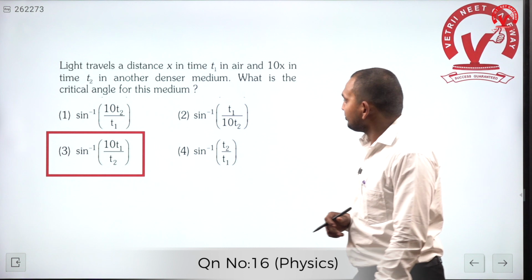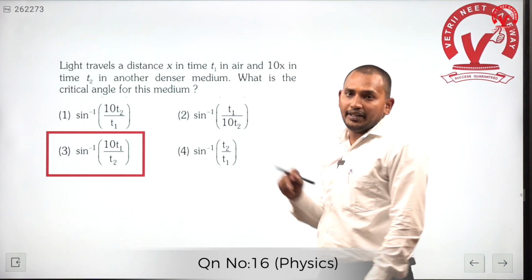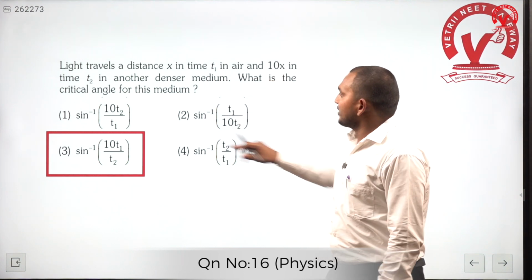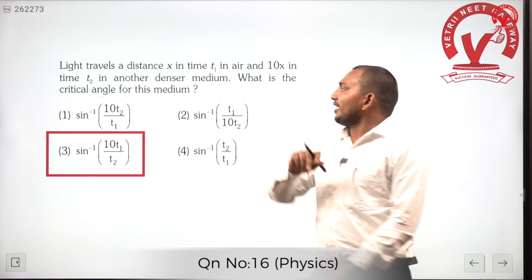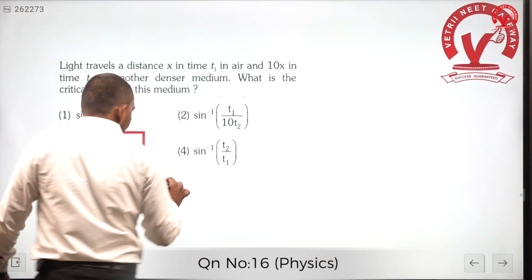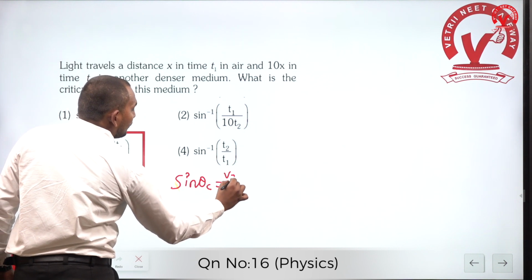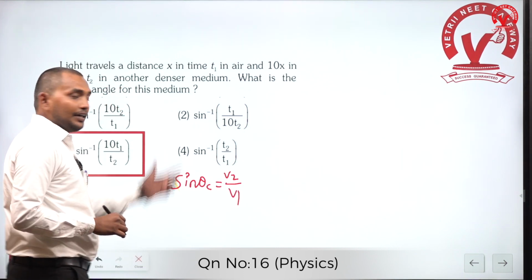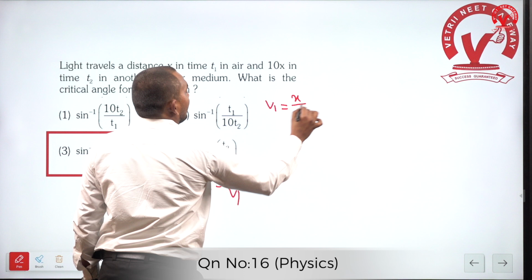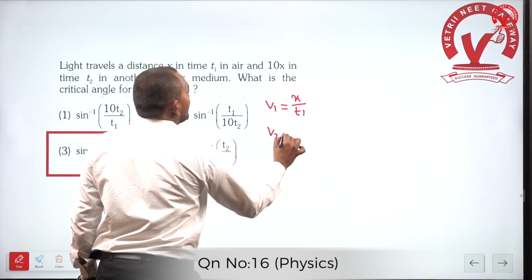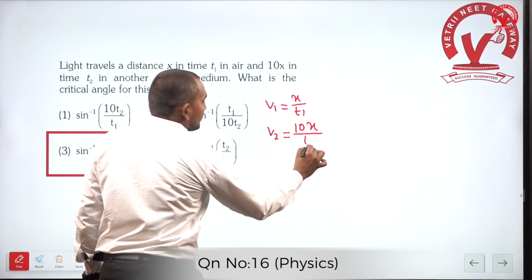Next question. See, light travels a distance x in time t1 in air and 10x in time t2 in another denser medium. What is the critical angle of the medium? Critical angle we know: sin theta c is equal to V2 by V1. Find out V1 and V2. V1 is equal to distance x divided by time t1. V2 is equal to distance 10x divided by time t2.